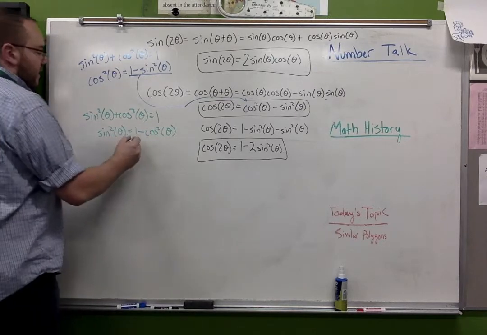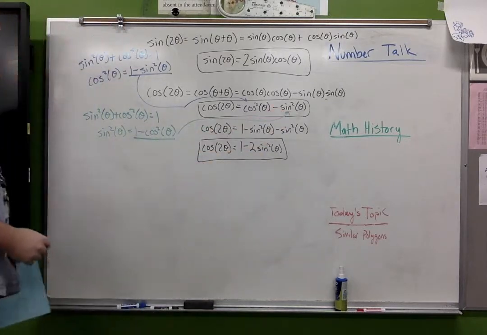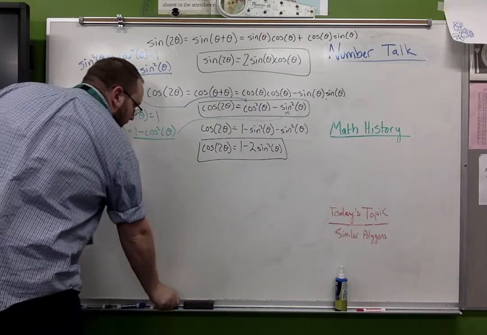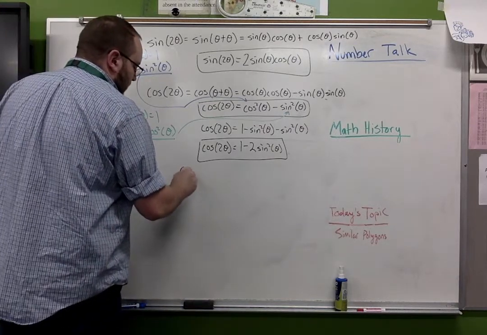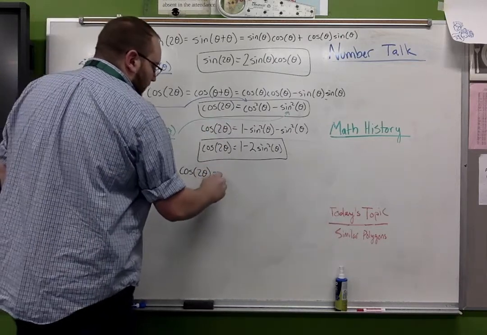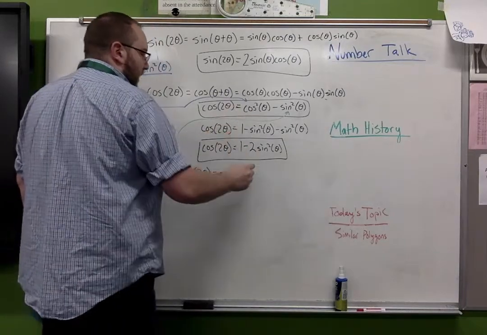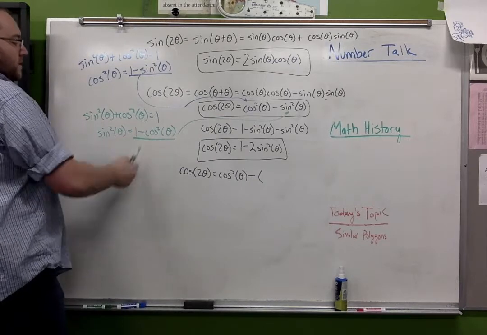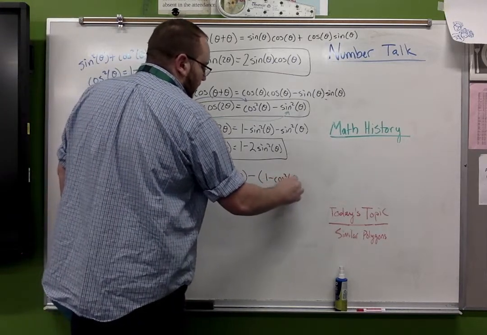So this time I'm going to take this, and instead I'm going to plug it in for sine instead of cosine. So then we have cosine 2 theta is equal to cosine squared theta minus, and instead of sine squared, I'm plugging in 1 minus cosine squared theta.